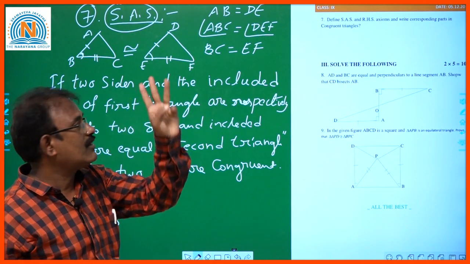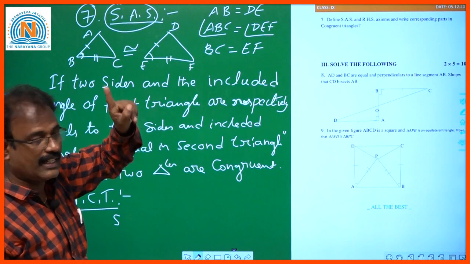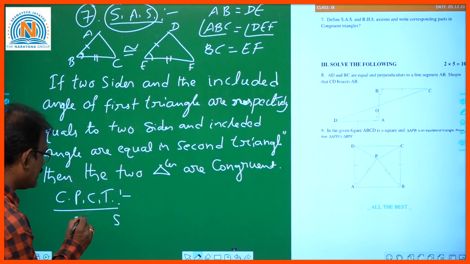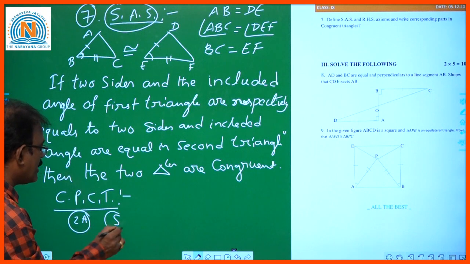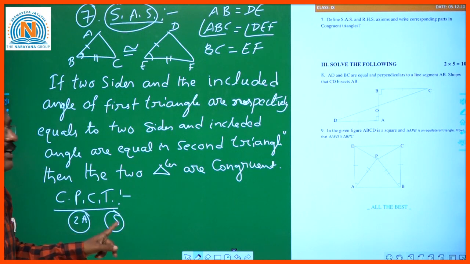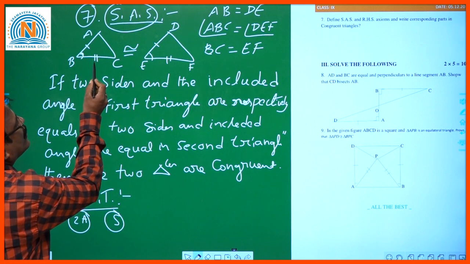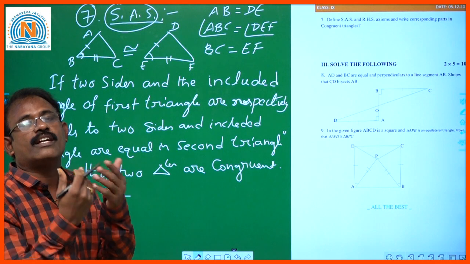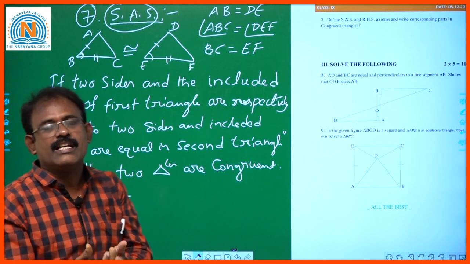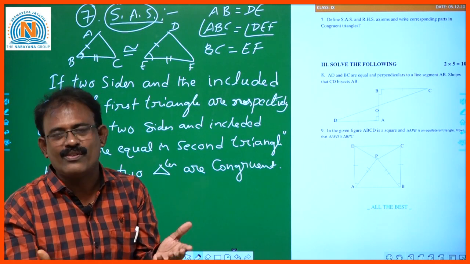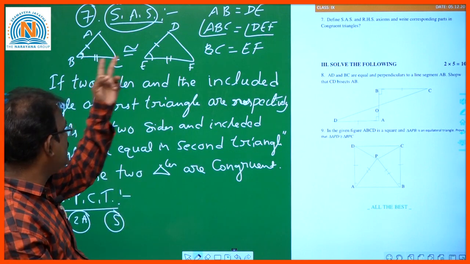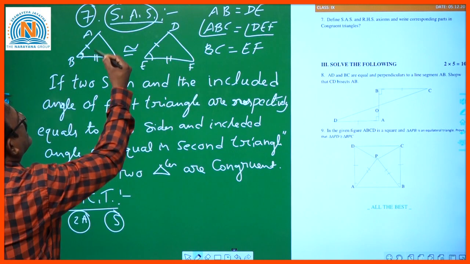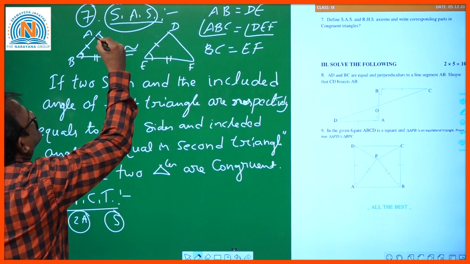And out of the 3 angles, we used 1 angle, so remaining 2 angles. So the rest of the 2 angles and 1 side are CPCT. Equal angles and equal sides are opposite to each other.